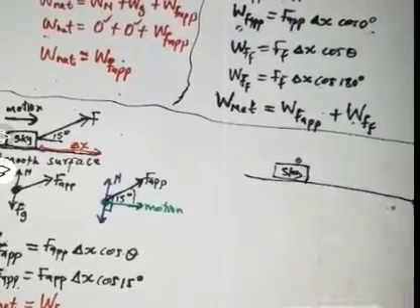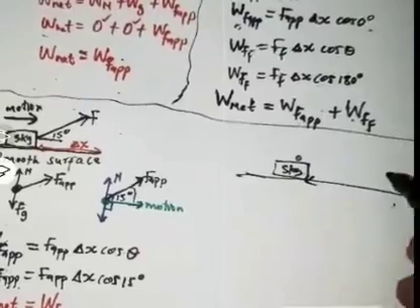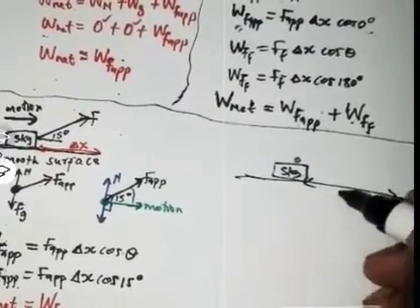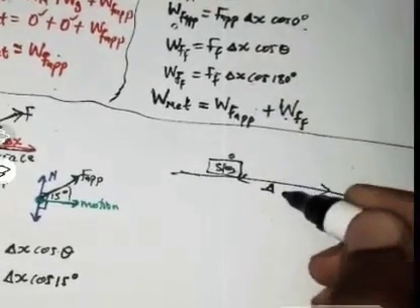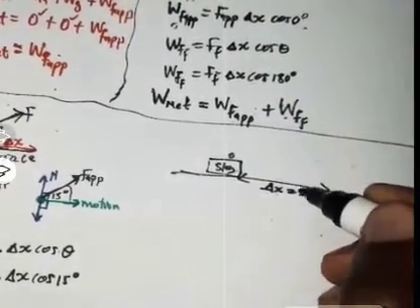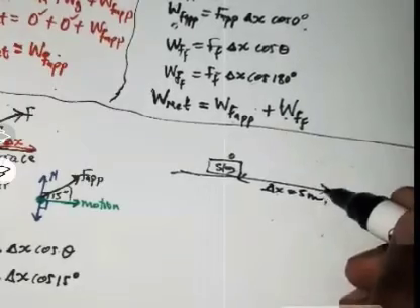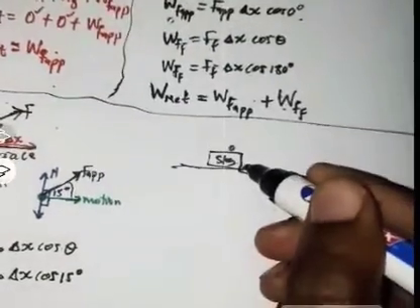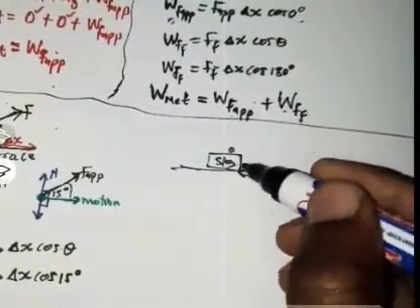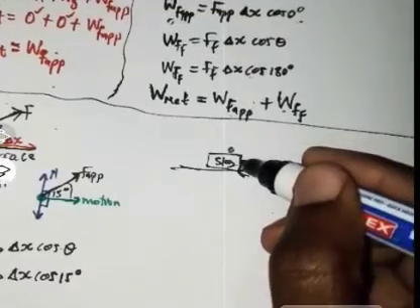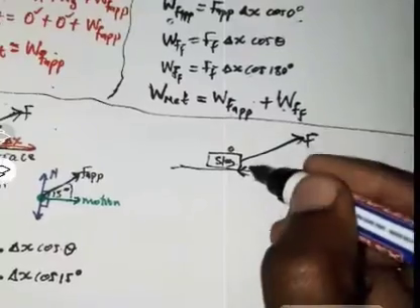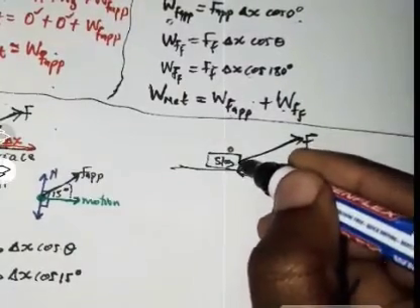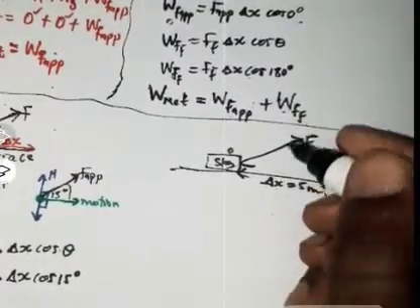Now this time let's write delta x to be 5 meters, and this is applied in that way, which is F, and let's use 15 degrees again.